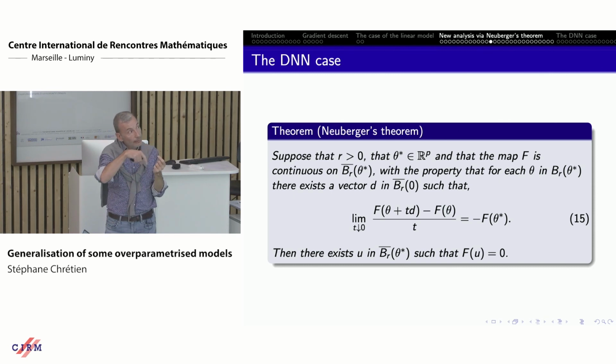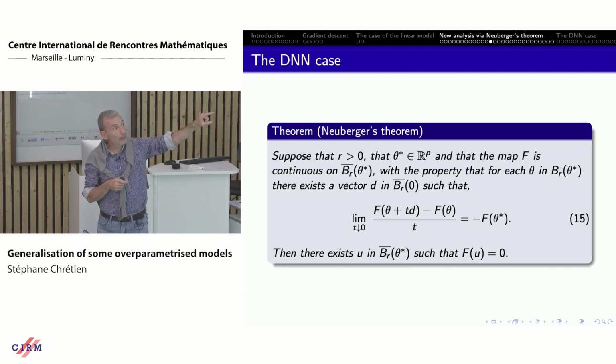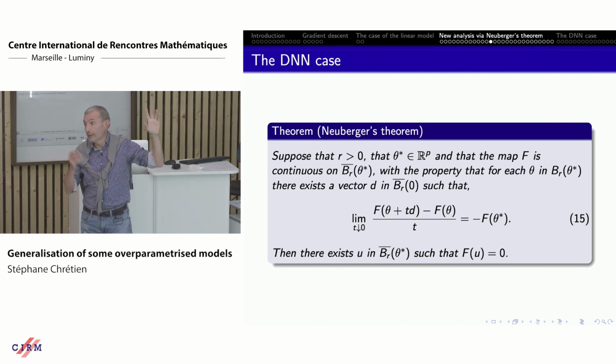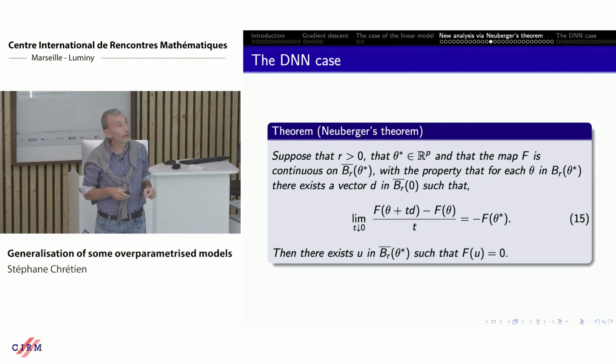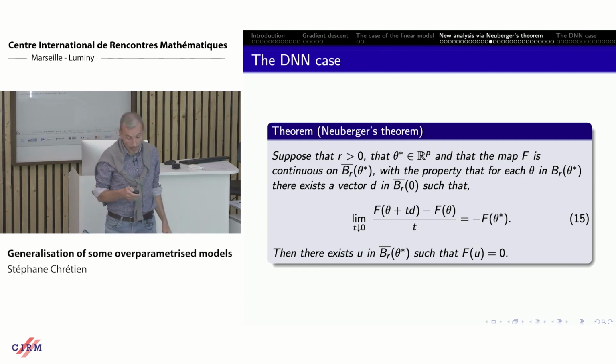So theta is in the neighborhood of theta star, okay? So you try to find a d that solves this, and if r is tuned so that you can find a solution d to that system with norm less than r, then it's all done. It means that there exists a solution to f of theta equals 0 in a neighborhood of radius r of theta star. Okay?